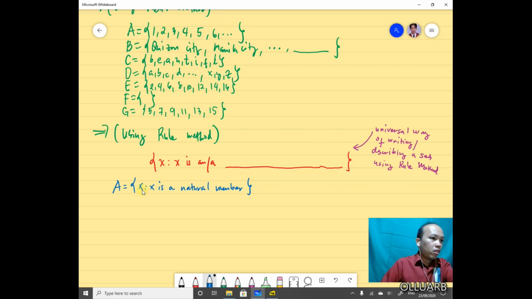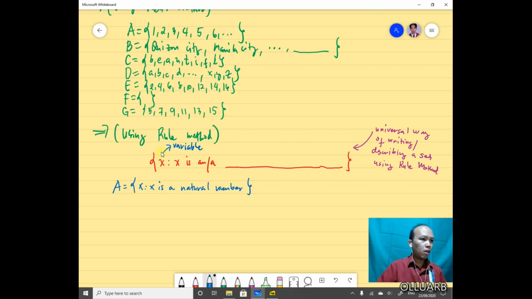Our x here is what we call a variable. If you recall your algebra and trigonometry subject, or pre-calculus or basic calculus, when you hear the word variable, it is something that you have to replace. You can replace an object for that notation.